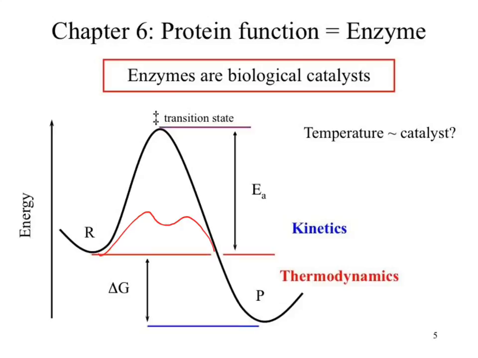energy. What's going on with temperature? So how else could we affect the rate of this reaction? Temperature seems to have an effect, but what does temperature ultimately do? Speeds up. It speeds up all reactions. Okay?